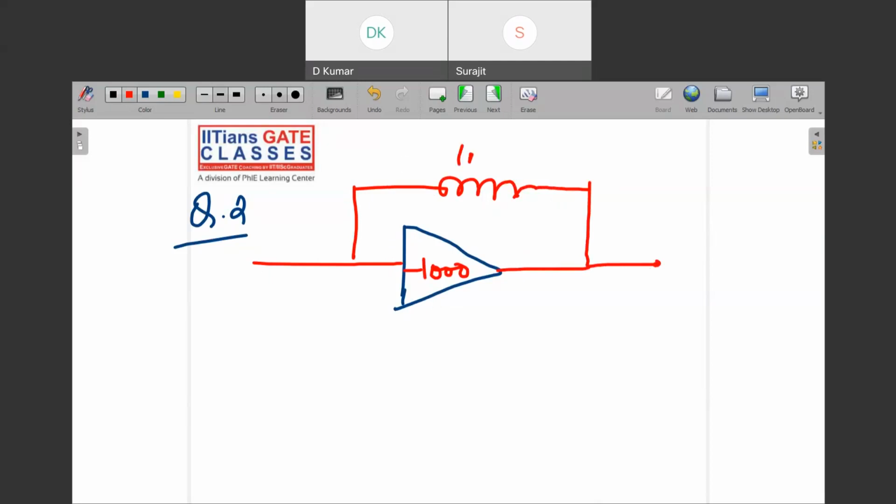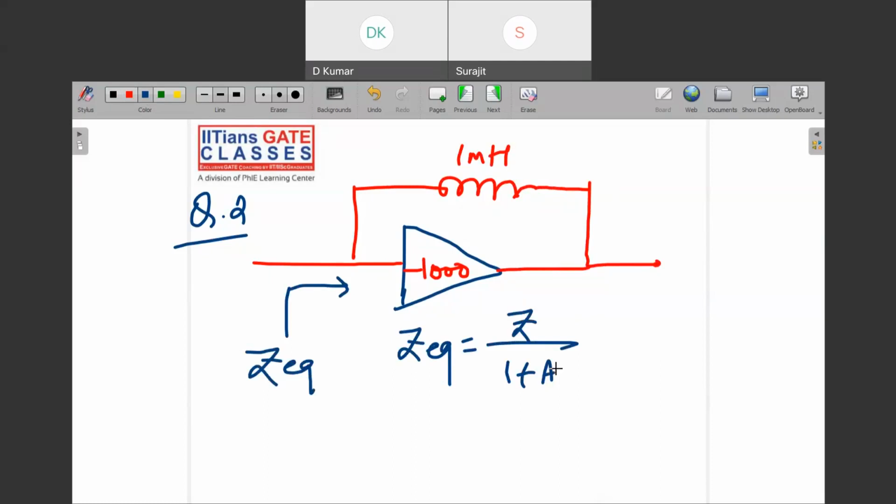So 1 millihenry, and you have to find Z equivalent. So what is Z equivalent? Basically, Z equivalent is Z upon 1 plus A. Already we have derived this. So Z equivalent is this, right?